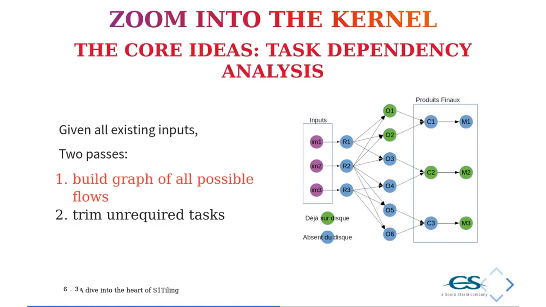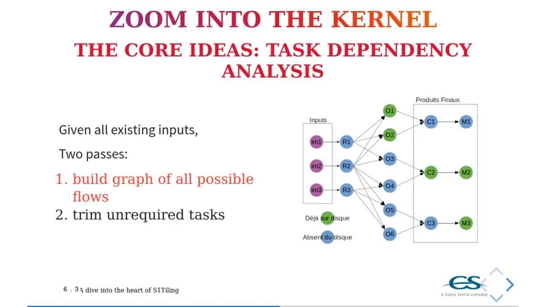We can generate R1. From R1, I can generate O1, O2, and so on. From R2, we can generate O2, and we see that O1 needs the product from R1 and R2. And C1 needs O1 and O2, C2 needs O3 and O4.